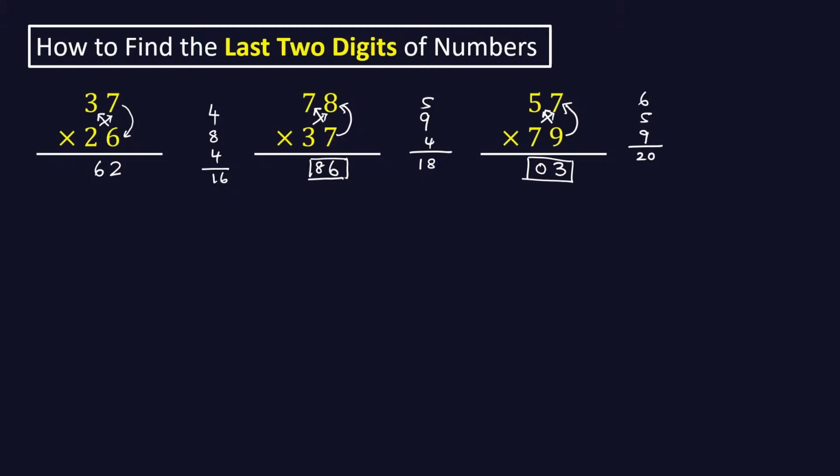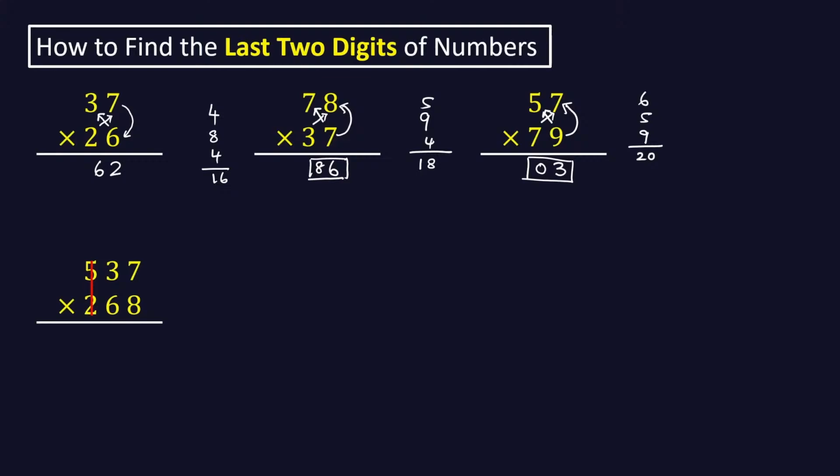Now the question will arise, sir, if 3 digits are given and we have to find out the last two digits, then what to do? Let me take an example. 537 multiplied with 268. What will be the last two digits? I am giving you a very interesting fact that in this case you simply reject 5 and 2.